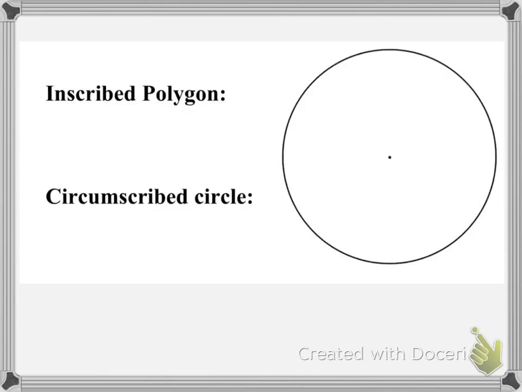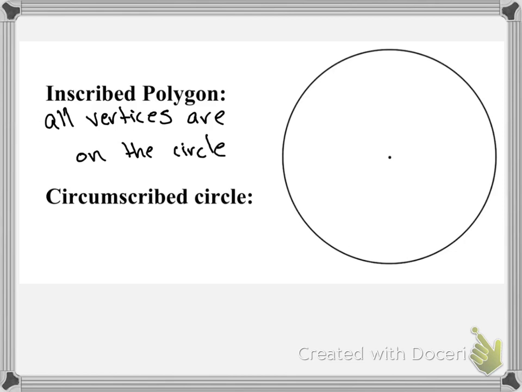Okay, all right, so now to inscribe a polygon. What does it mean to inscribe a polygon? What it means is all the vertices of that polygon are on the circle.